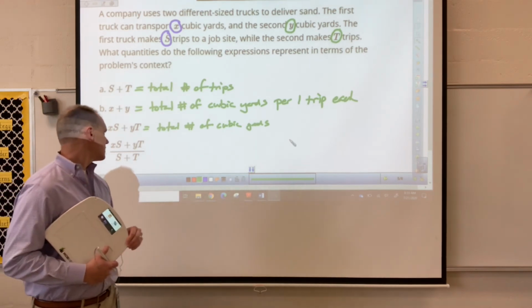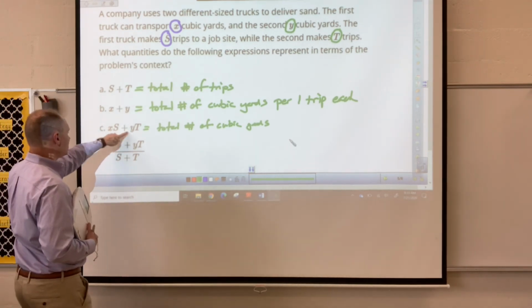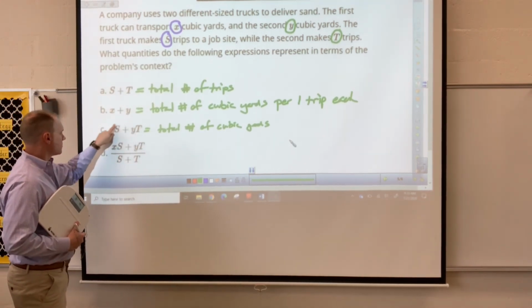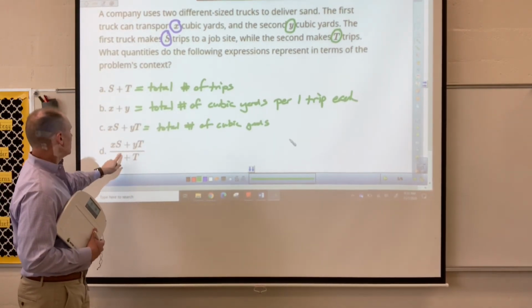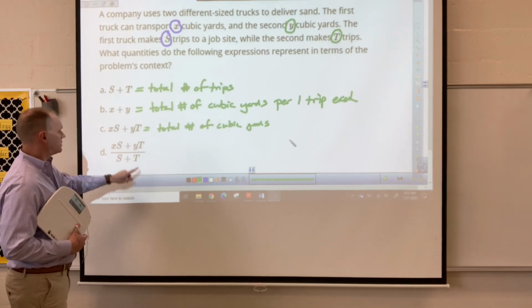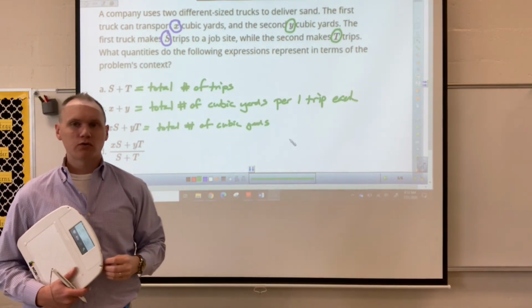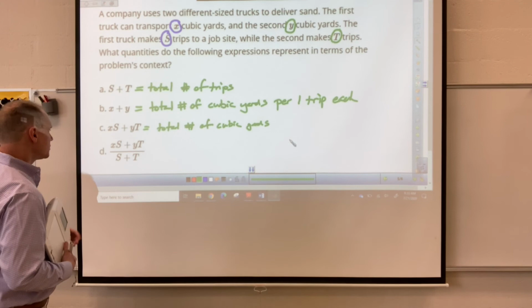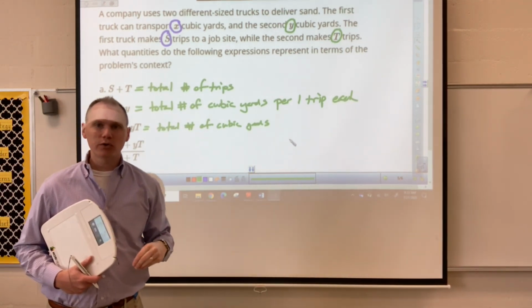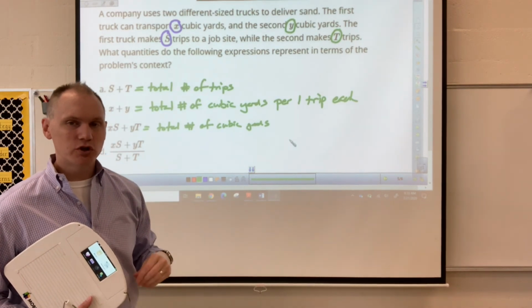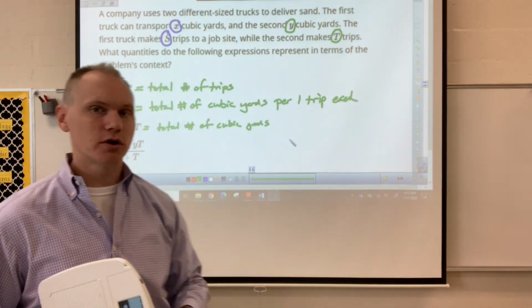D, XS plus YT. So basically this expression here divided by S plus T. And again, S is the trips of the first truck, T is the trips of the second truck. So if we take the total number of cubic yards divided by the total number of trips, we should get the average per trip.